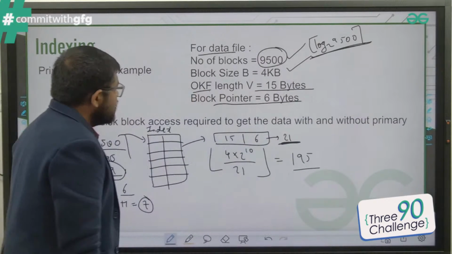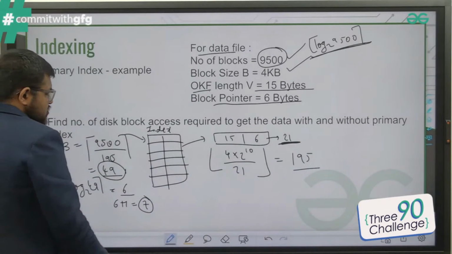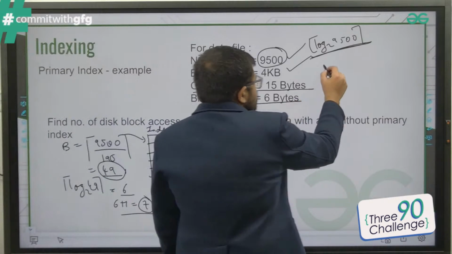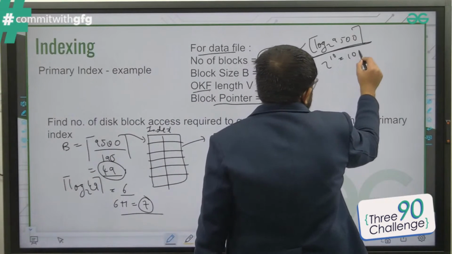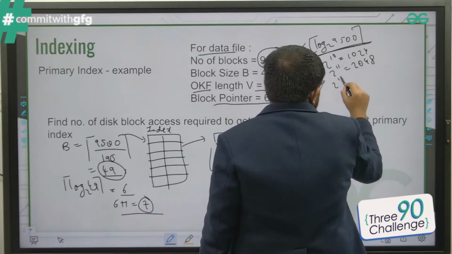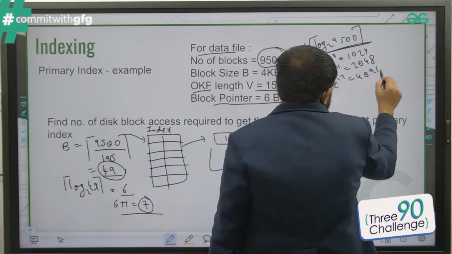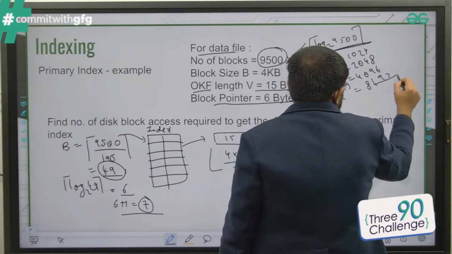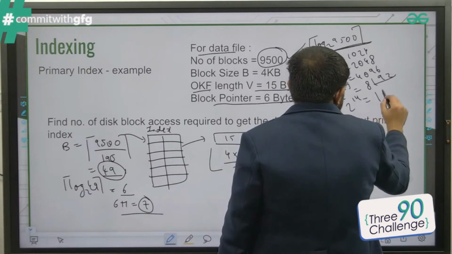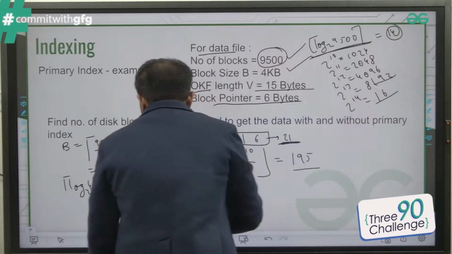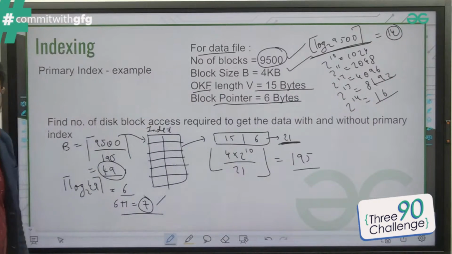So it will be log 9500 base 2. 2 to the power 10 is 1024, 2 to the power 11 is 2048, 2 to the power 12 is 4096, 2 to the power 13 is 8192, 2 to the power 14 is 16000 something. So this will give you 14 block accesses, and here you will have only 7 block accesses.